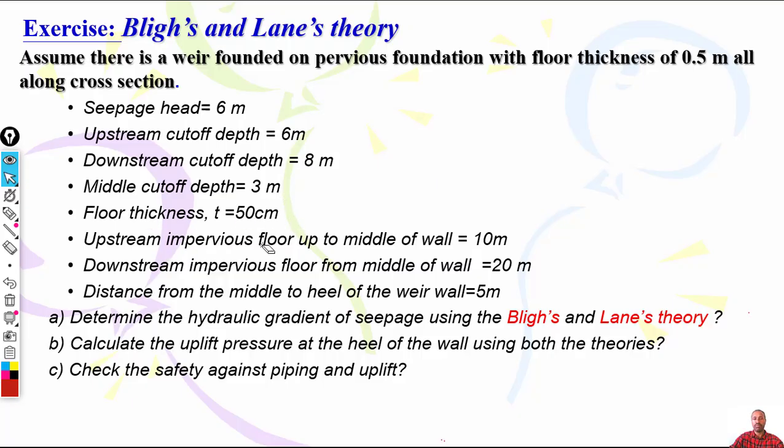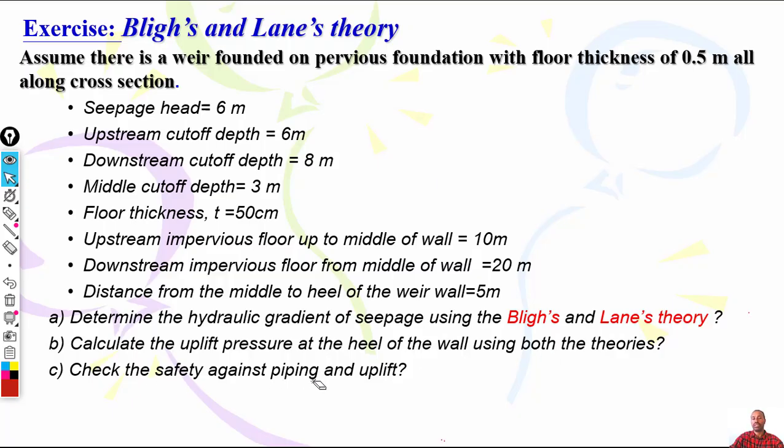You have downstream impervious floor from middle of wall, 20 meter, distance from the middle to the heel of the weir, 5 meter. So you are going to determine the hydraulic gradient of seepage using Bligh's theory and Lane's theory and calculate the uplift pressure at the heel of the wall using both theories and check the safety against piping and uplift.